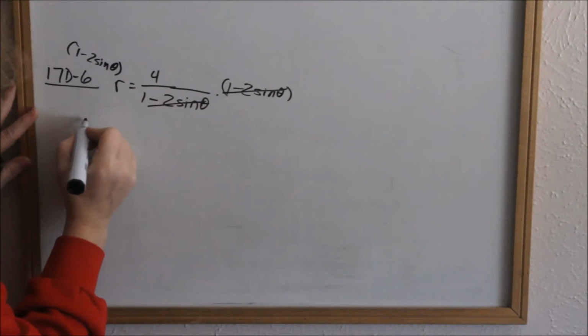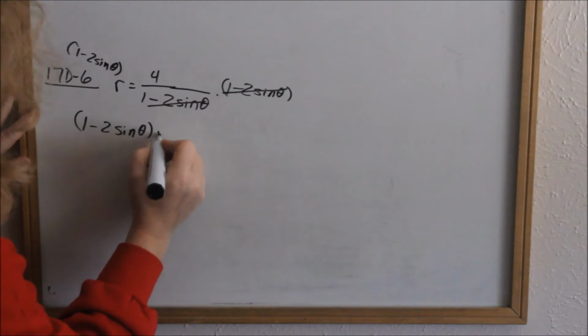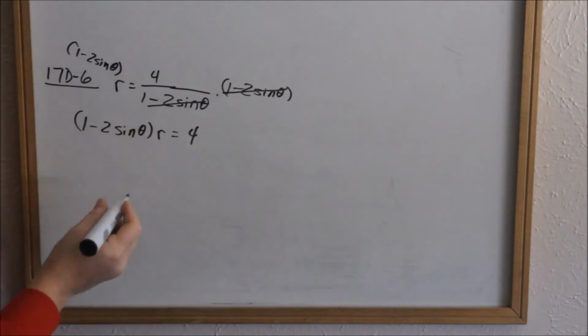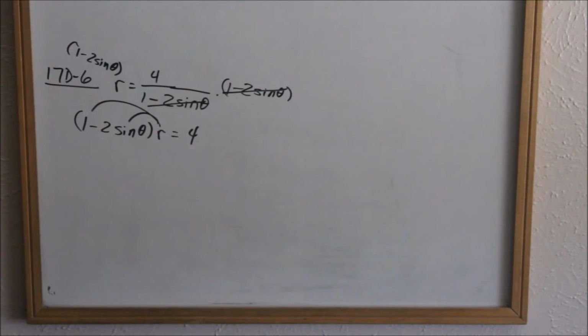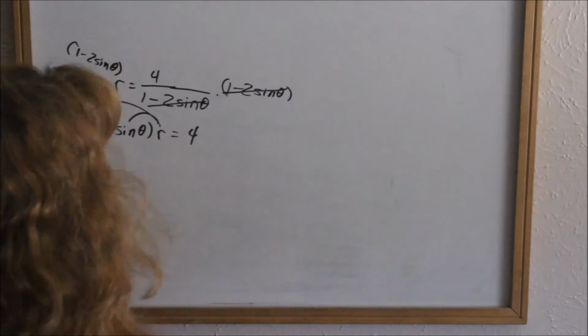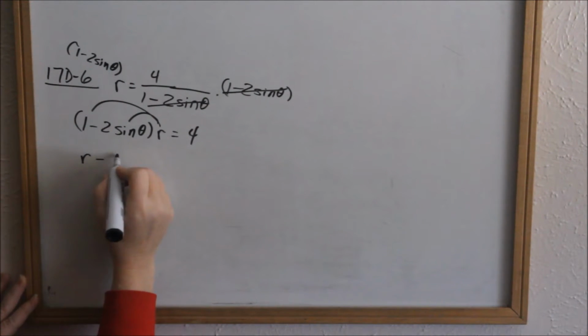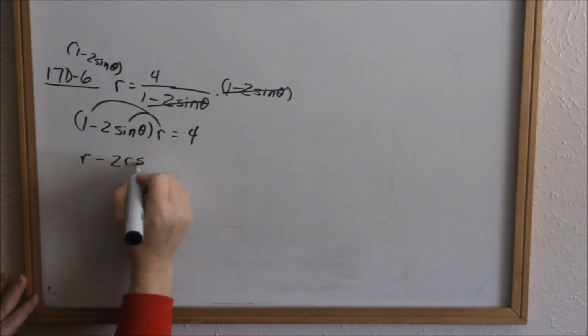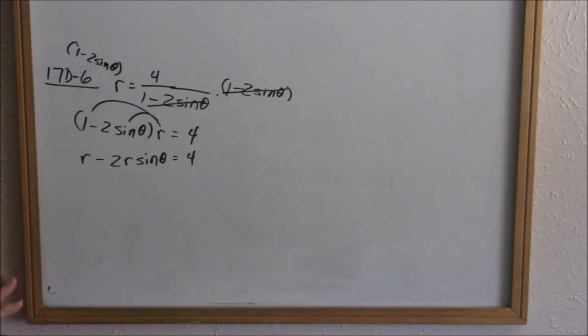So basically I have 1 minus 2 sine theta times r equals 4. Well, this r can get distributed to everything. Okay, so then I have r minus 2r sine theta equals 4.